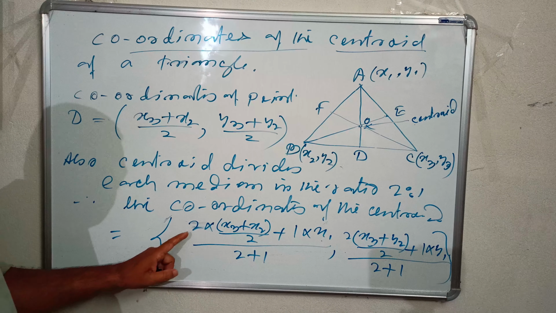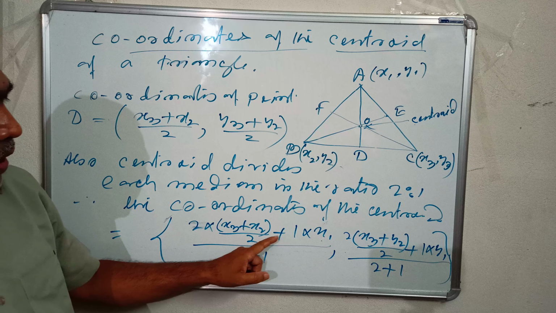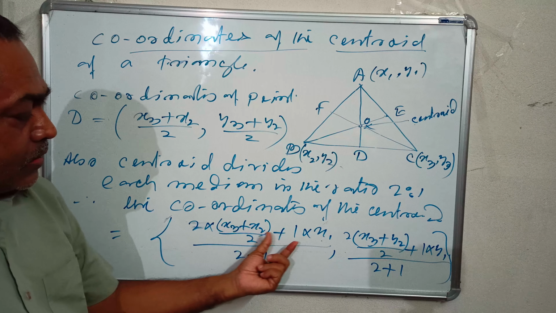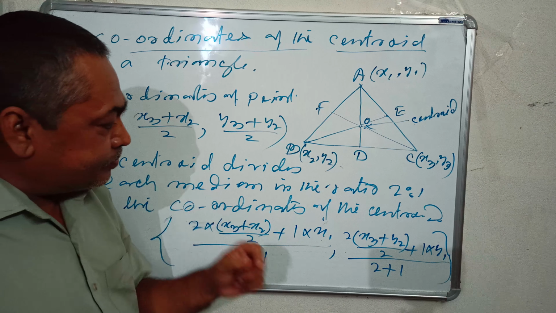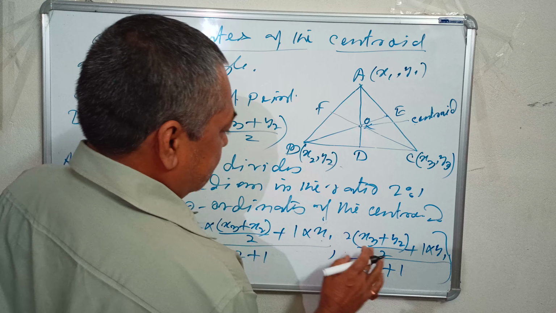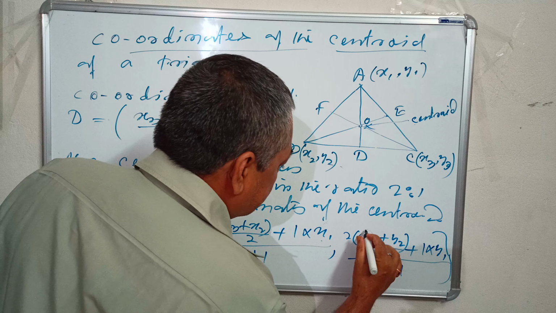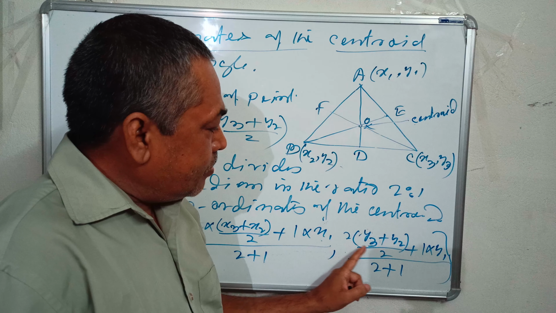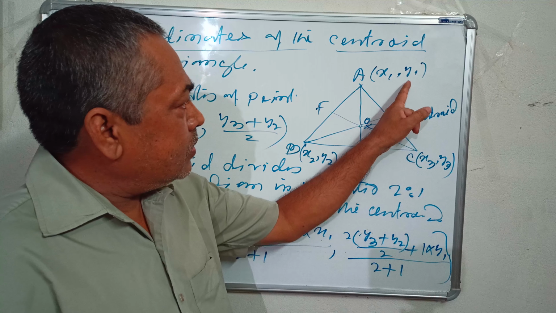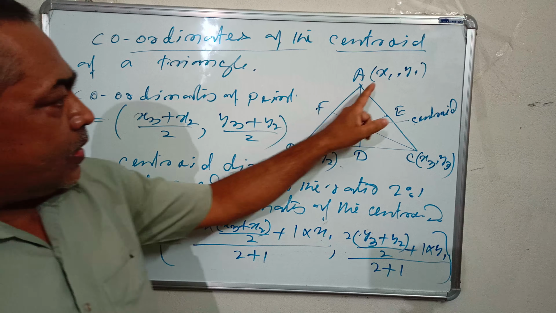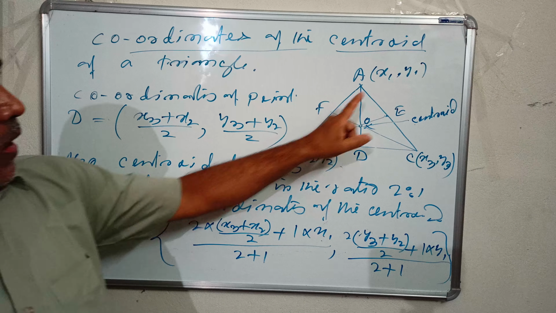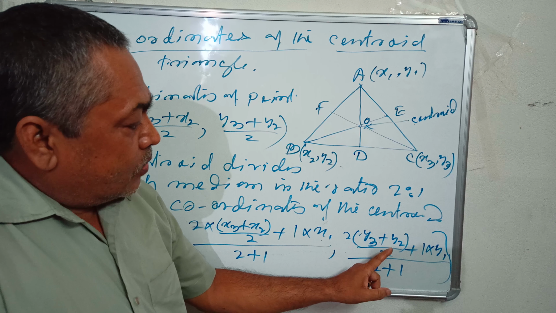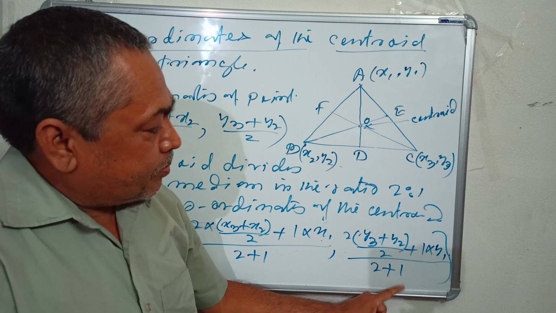Here it is y3 plus y2, m is 2, m y2 plus n y1 divided by m plus n.